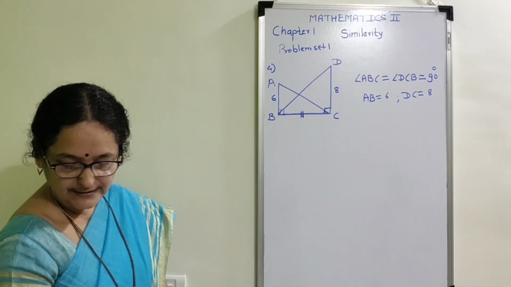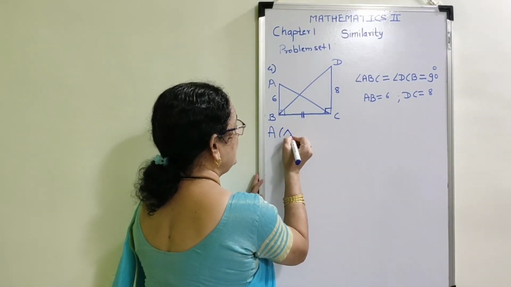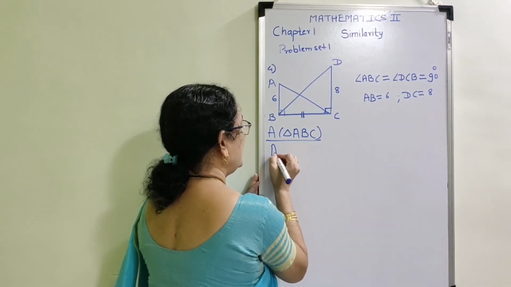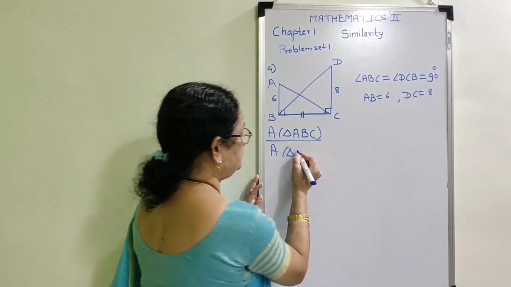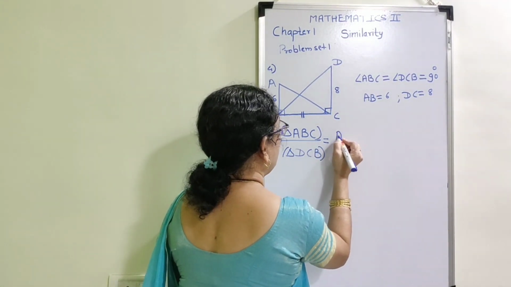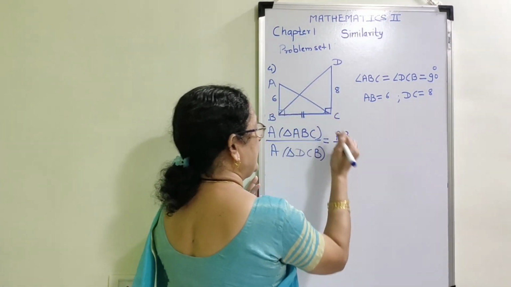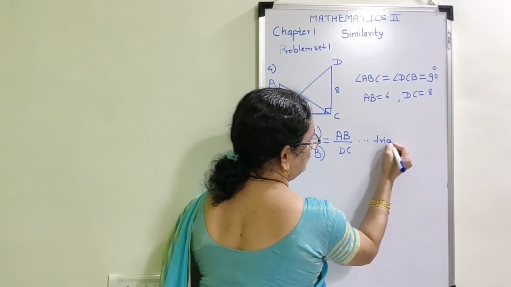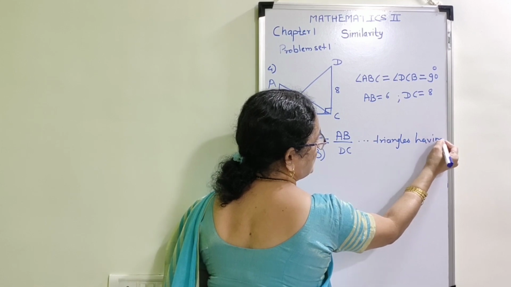Now I am going to write the ratio that area of triangle ABC is to area of triangle DCB is equal to height of first triangle is AB, height of second triangle is DC. Triangles having common base.